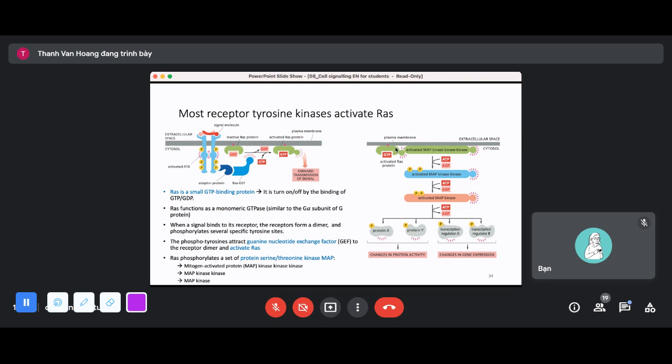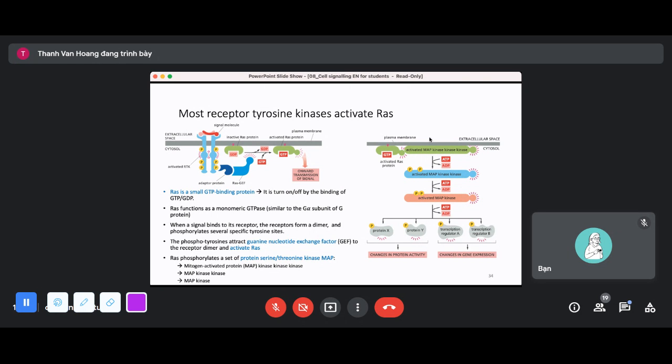And what happens with the activated RAS? Here you can see again, it can activate other downstream proteins. Here is the MAP kinase cascade, composed of 3 MAP kinases. One MAP kinase activates the next MAP kinase, and that one activates the next.